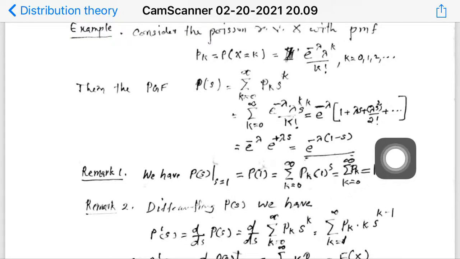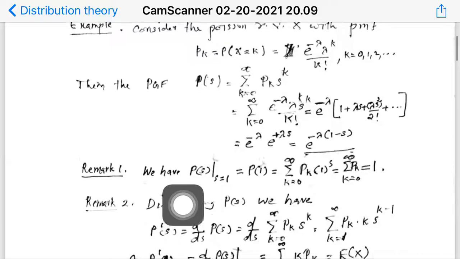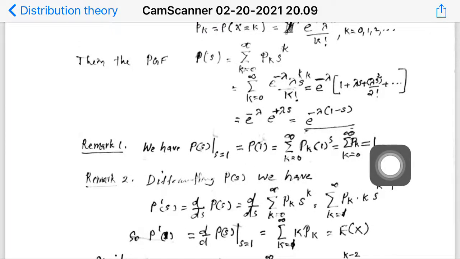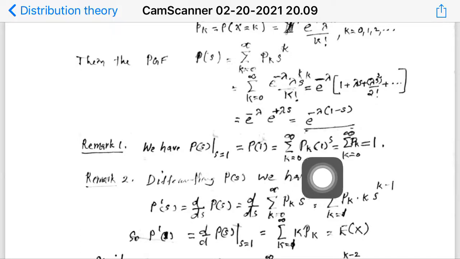Before attempting some more examples, we come to some important remarks on this function P of s. First, you can see that the PGF evaluated at s equal to 1 is equal to 1. And the proof is very simple. You take P of 1, which is equal to summation p_k 1 to the power of k.